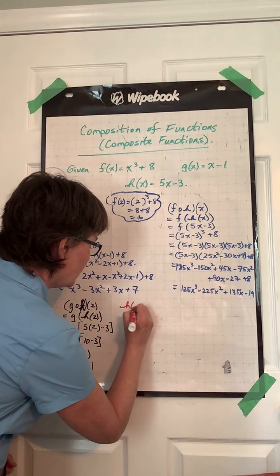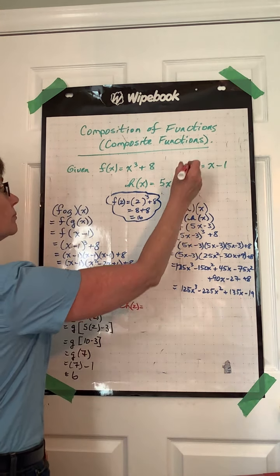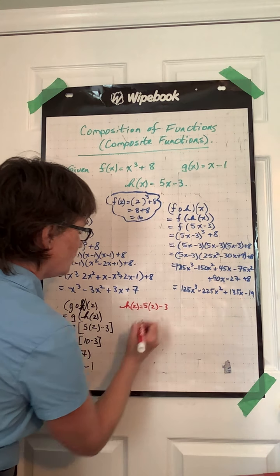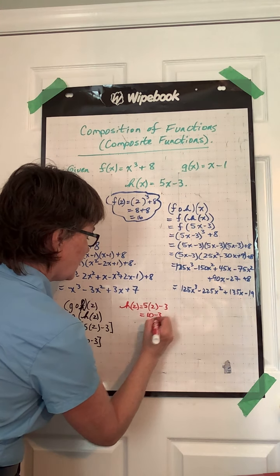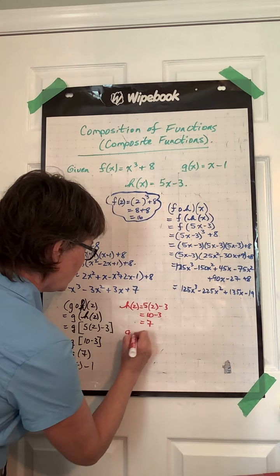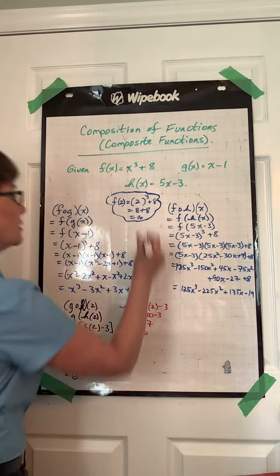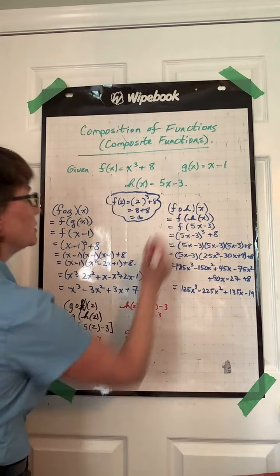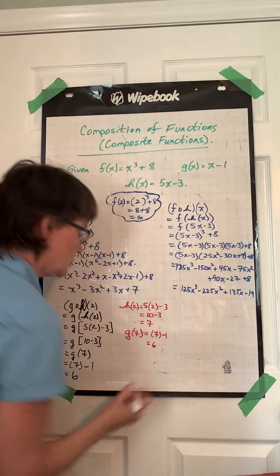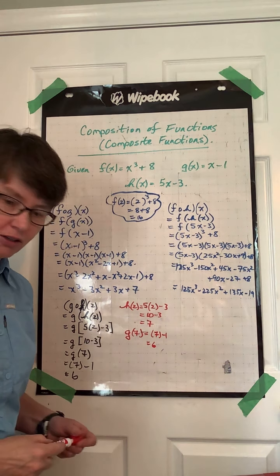We could say h of 2 is equal to, there's the h function, 5x subtract 3, put a 2 in there. So that's equal to 7. And then I know I need to do g of 7. There's the g function, x minus 1. So that equals 6. Both of these methods are suitable.